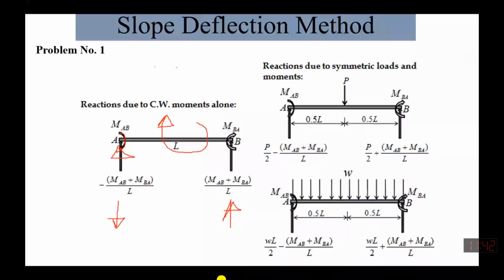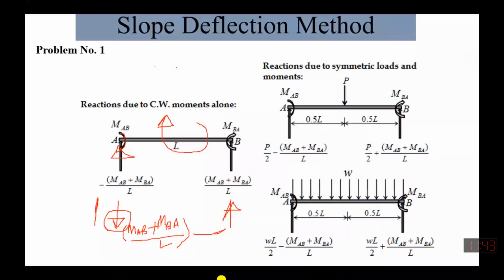If I go like this, this force will be equal to MAB plus MBA divided by L. Similar to this one, both reactions will be the same in magnitude. But now for the sign convention, I want to keep it in the upward direction.